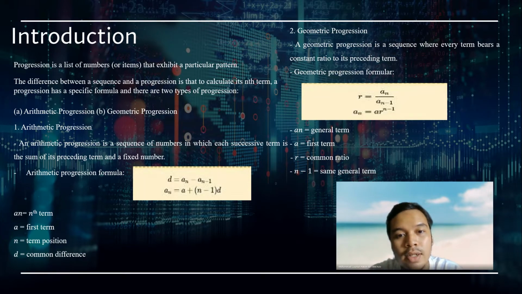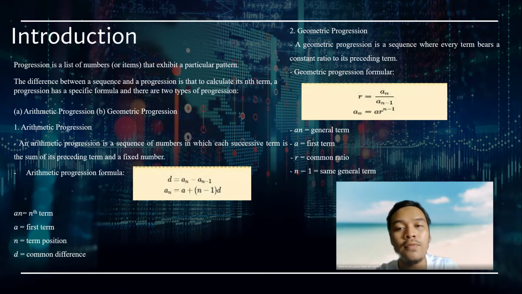Alright, the second progression is geometric progression. A geometric progression is a sequence where every term bears a constant ratio to its preceding term.